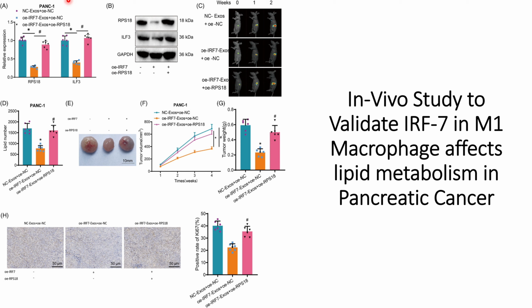So we will start with panel A, where they have used control exosomes, that is exosomes from the wild type macrophages, and overexpression of the negative control, where actually nothing is overexpressed, it's just a control sample.